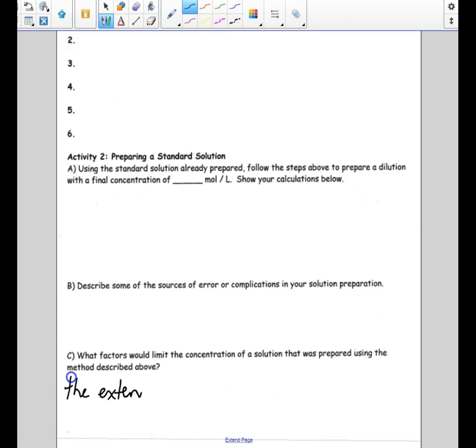So depending on how much solvent we're adding to the amount of initial solution would obviously affect that. So we can really bring it down to the final volume is going to be determining really the extent of dilution compared to the initial.